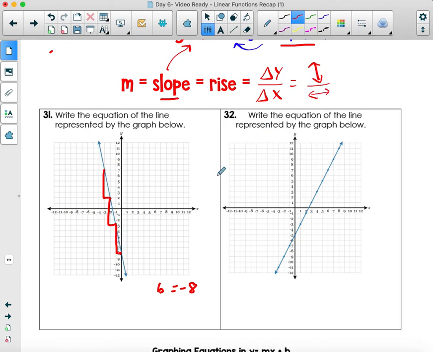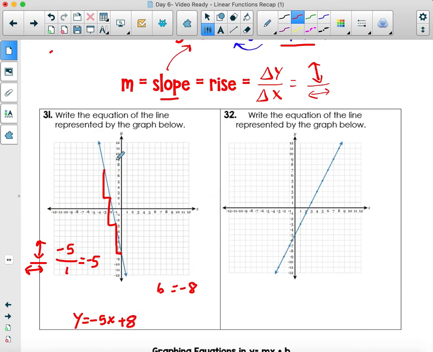And in order to say down 5, that's a -5 on the top. Remember, the top number is always your up-down movement. And then I moved to the right, which is a +1. Your bottom number is always your left-to-right movement. So -5 over 1 is going to give you a slope of -5. So therefore, my equation is y equals negative 5x plus 8.